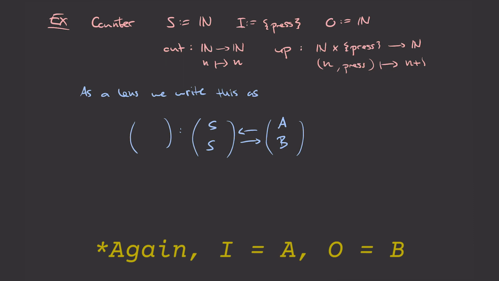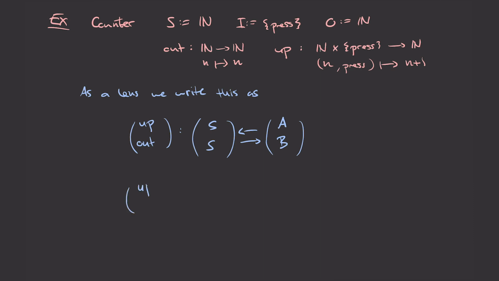And then here for the functions, our pass forward map will be the output function and our pass back map will be the update function. So this is the general notation we saw in that lemma, and in our specific case, the update and output functions have the same name, but our set of states is the natural numbers, while our set of inputs is the singleton containing the element press, and our outputs are the natural numbers.